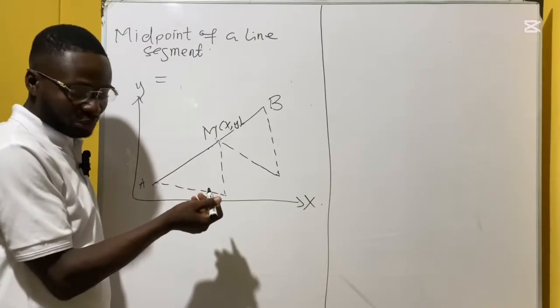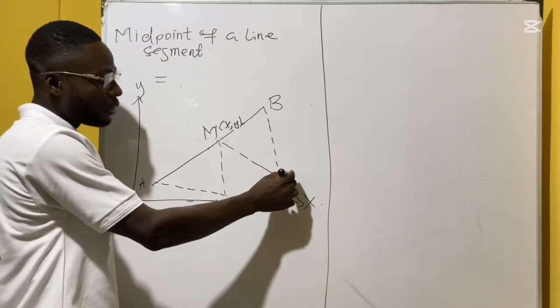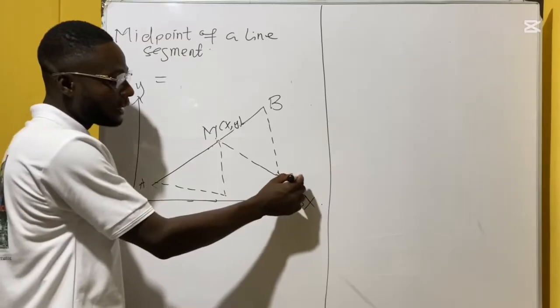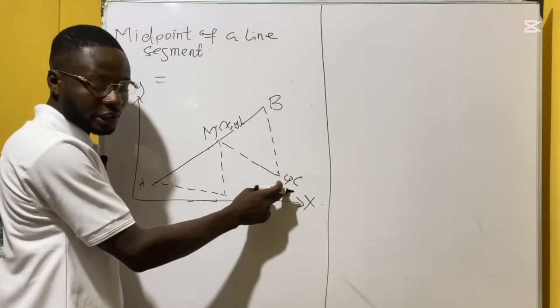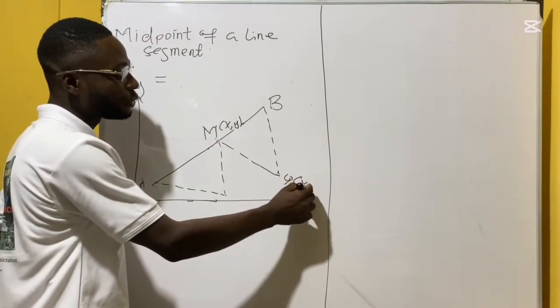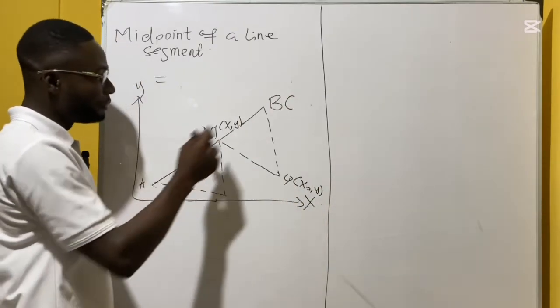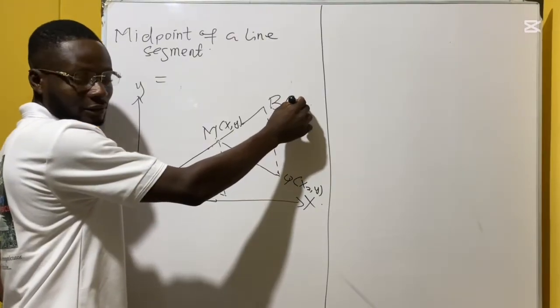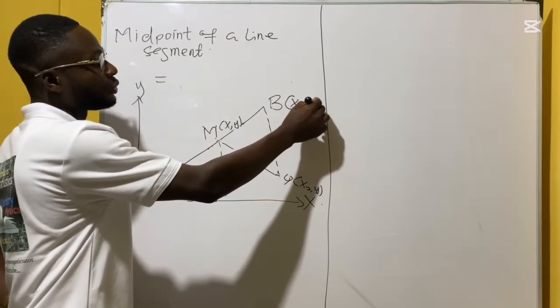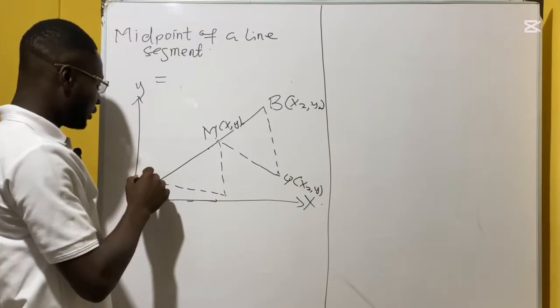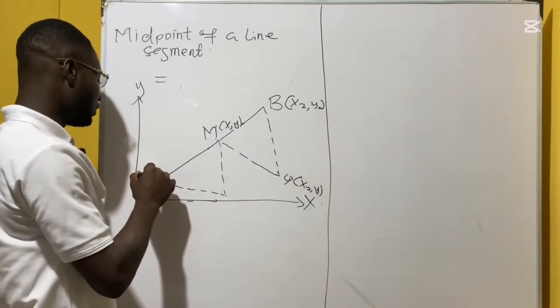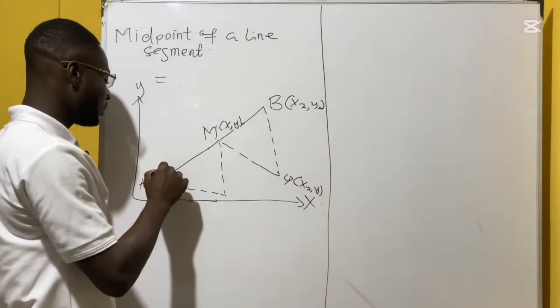And we are assuming that this part is called Q, okay? And the coordinate of Q here is basically x2 and y. And the coordinate of B is x2, y2, and that of A is x1, y1.